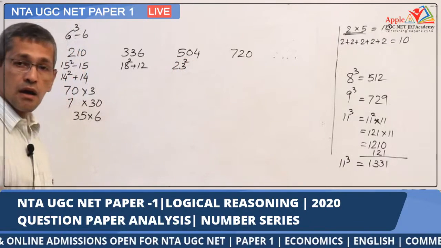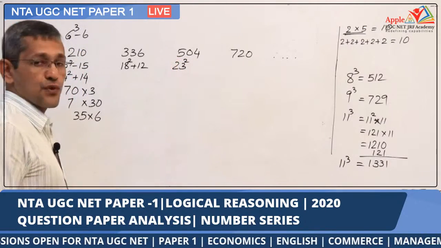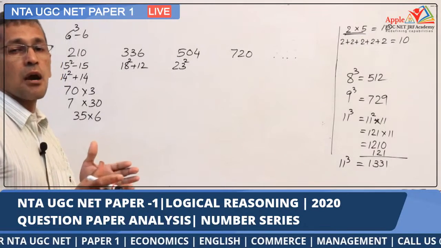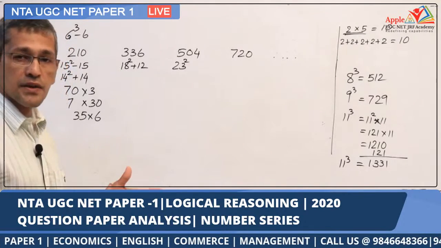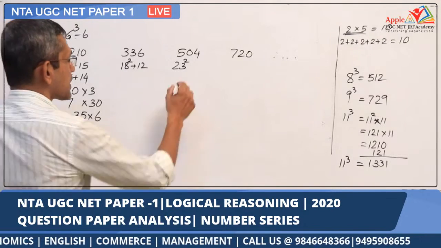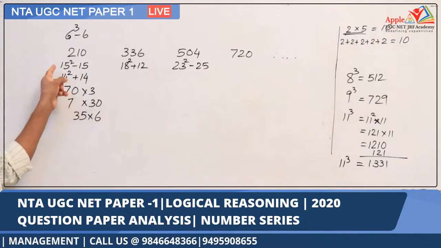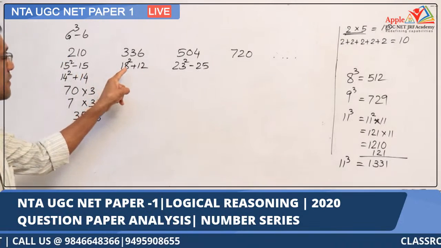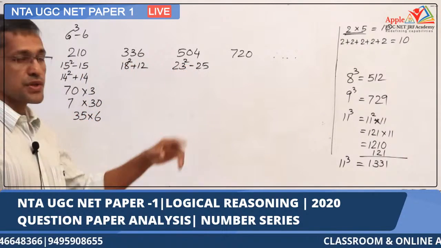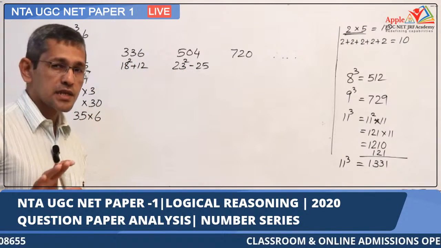The difference between 529 and 504 is 25. So if you take the square pattern, 15 square minus 15, 18 square plus 12, 23 square minus 25, I don't see a pattern so far.